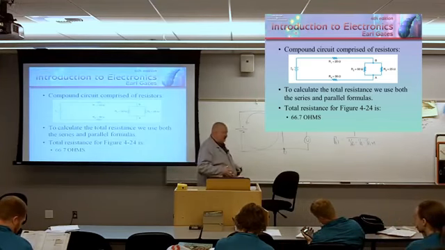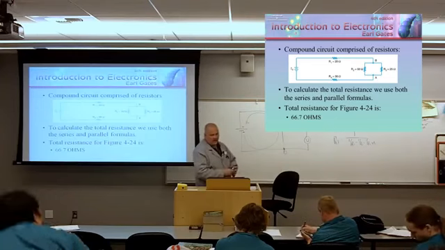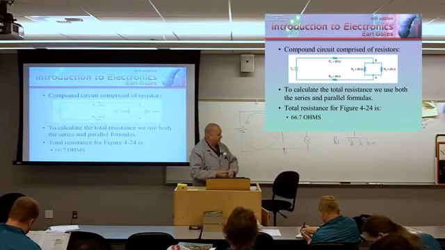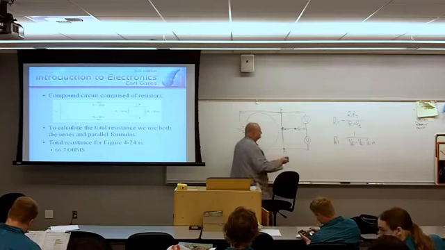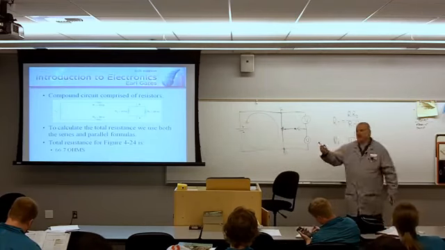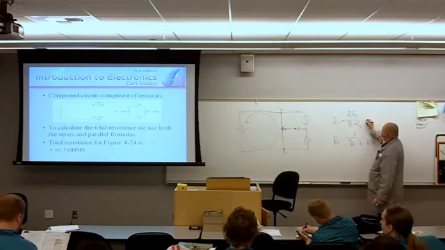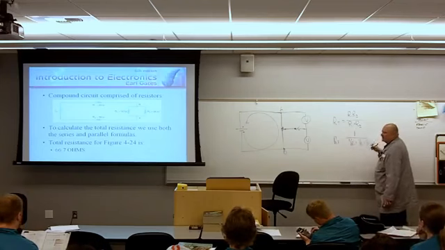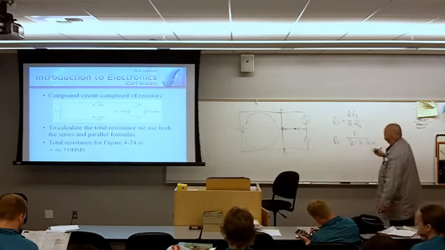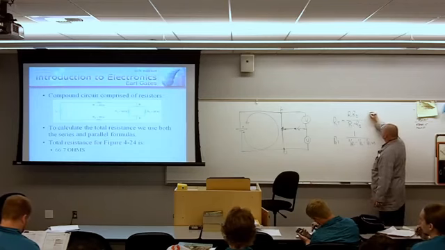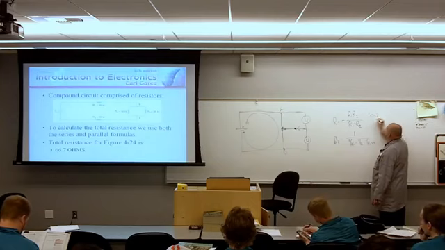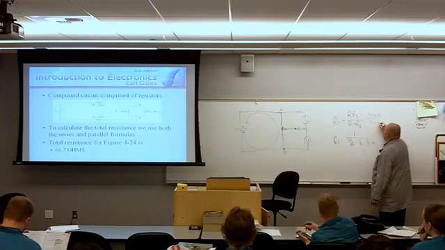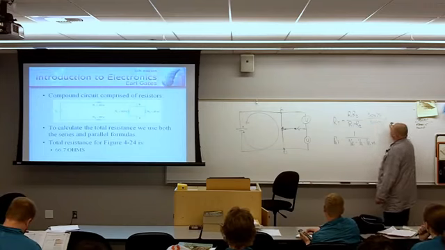But I want to do it in stages here for those folks at home. This is how I'm going to start off with the formula. Now what I'm going to do is substitute in my numbers. What is that, 50 and 25? So it's going to be 50 times 25 divided by 50 plus 25.